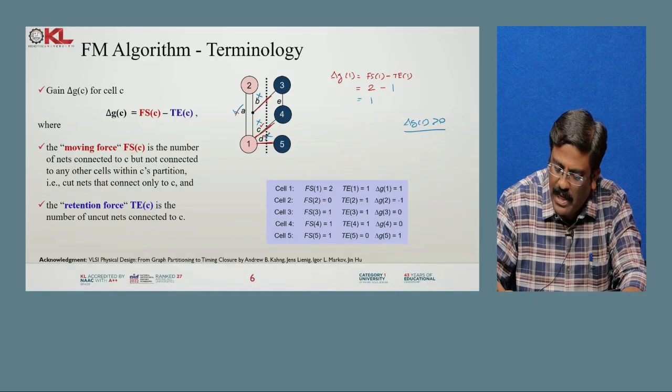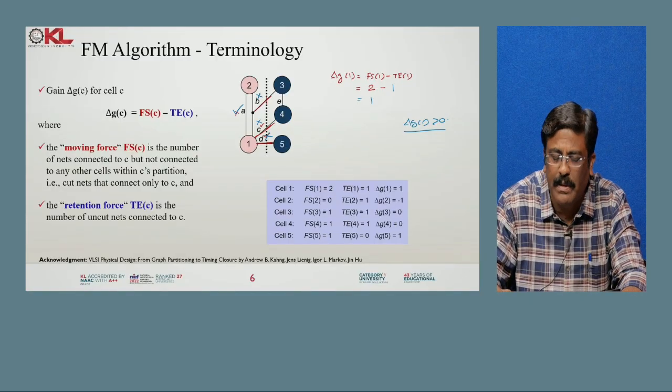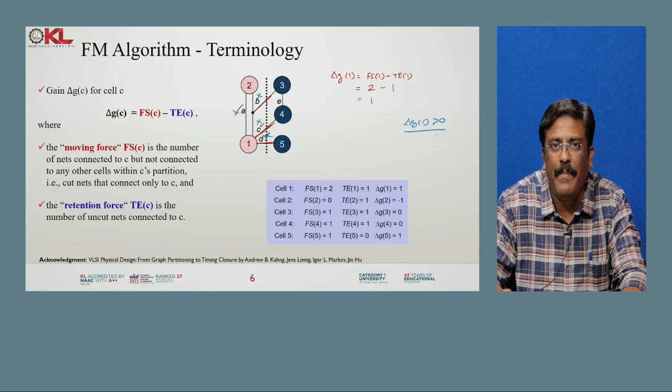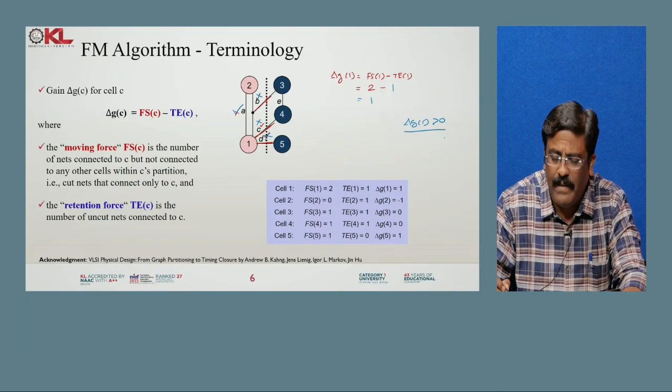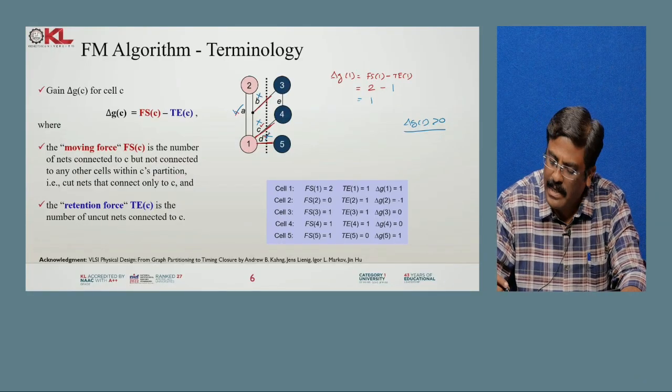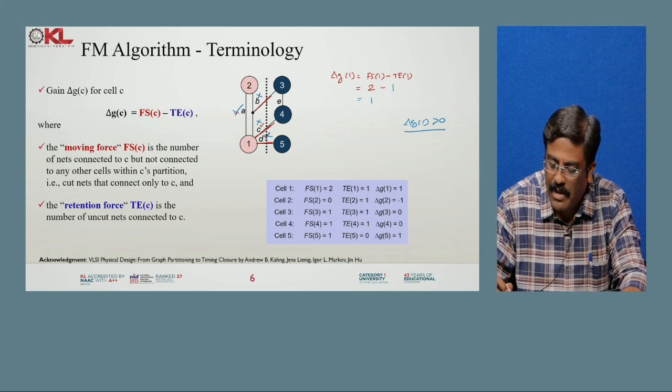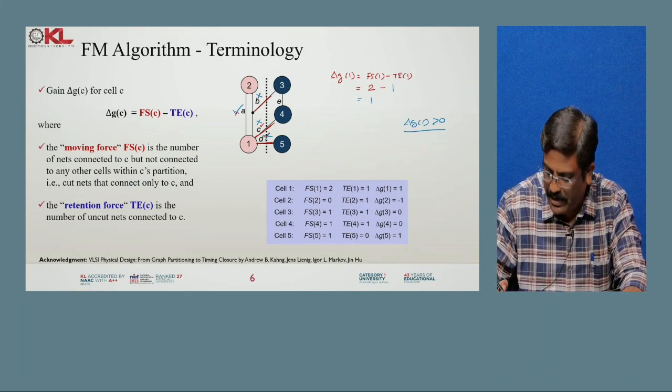Whenever the del G value is greater than 0, that particular cell is eligible to move from one partition to the other partition. And when del G is less than 0, that particular cell is retained in the same partition, and it is not eligible to move.